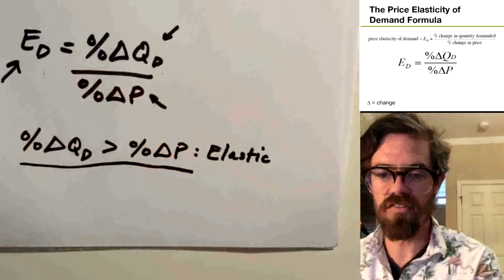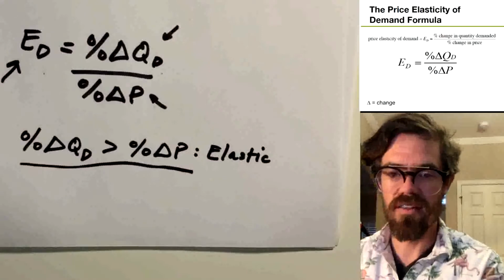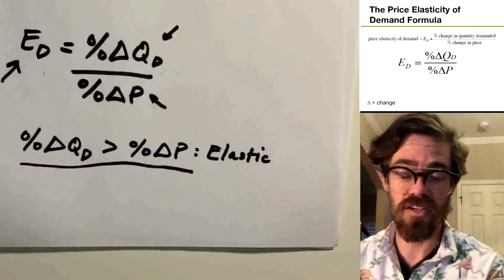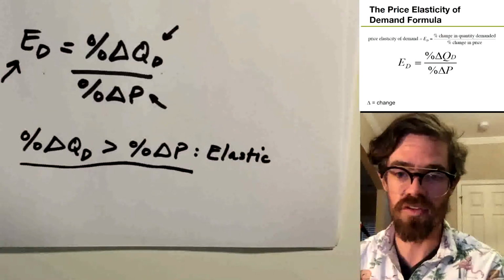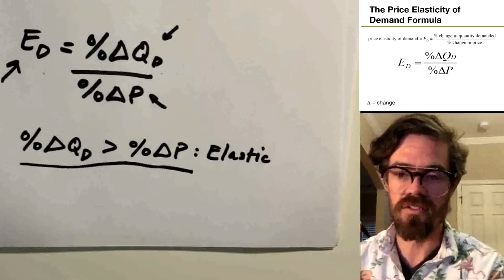If the top of the fraction is bigger than the bottom, then what does that mean about the number ED, right? We know it's going to be negative because of the law of demand. These things move in opposite directions. Price goes up, quantity goes down, and vice versa. But what about the value of the number?